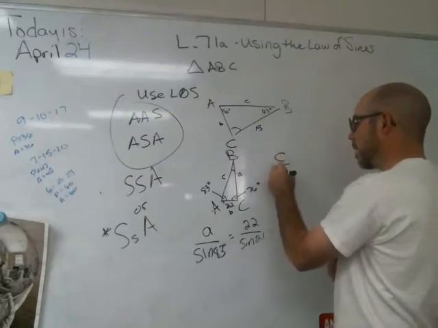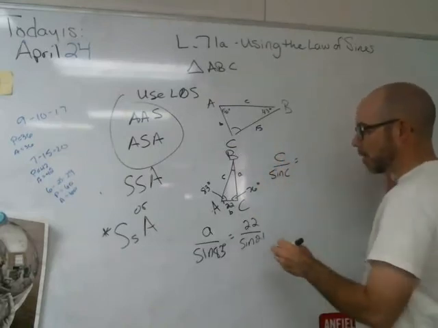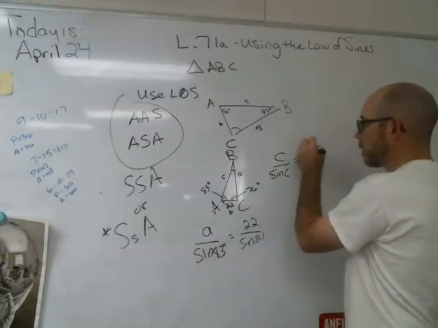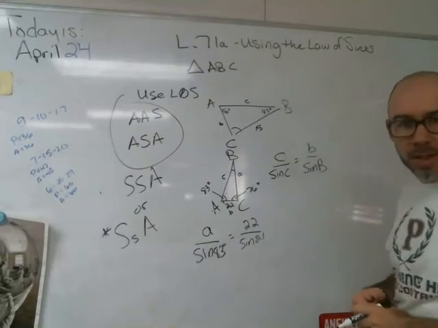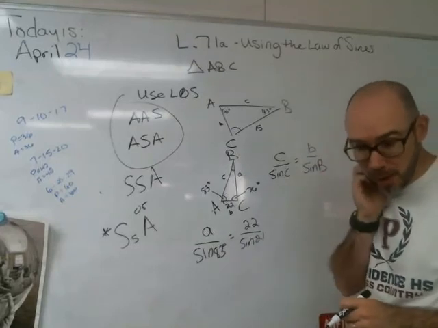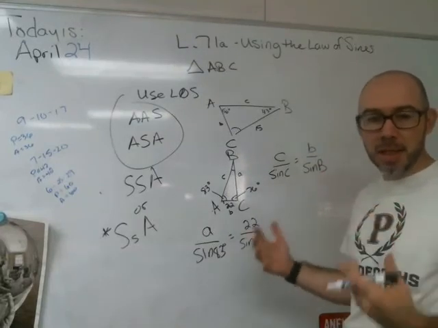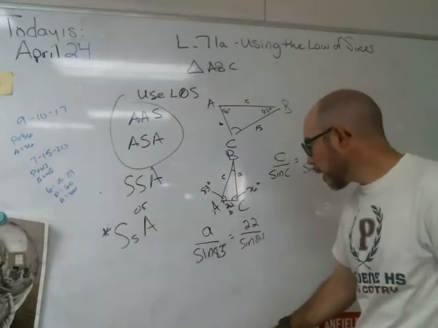C is to the sine of C as B is to the sine of B. The rest of the information can then be derived from the information that is given. Okay? Well, there you go.